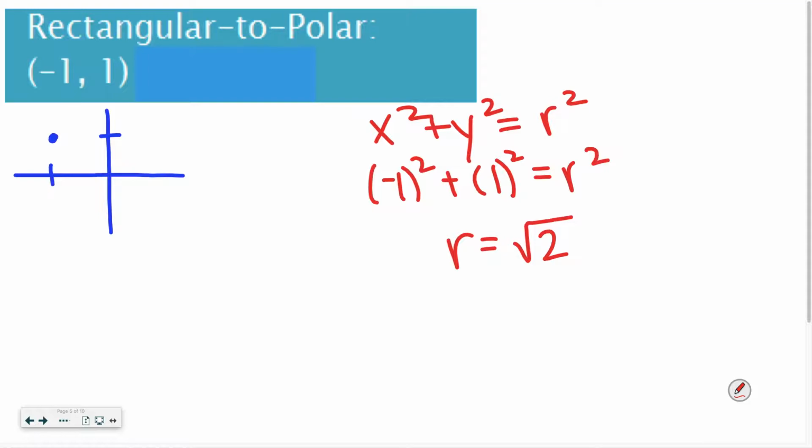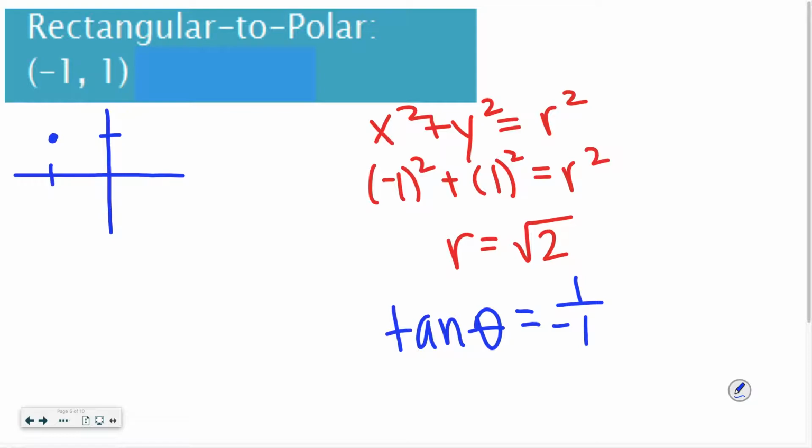All right, well, now we need our angle. Well, we wrote down that the tangent of theta is y over x. Here's where you need to be careful. This is like the one time it's not straightforward when you're converting. We have a number of times where the tangent is equal to -1. So I really need you to think about the picture. We have a coordinate in the second quadrant.